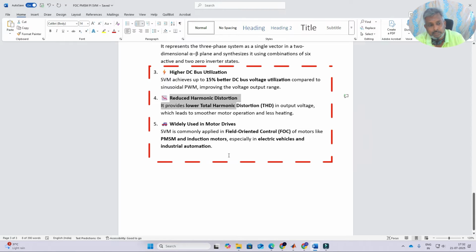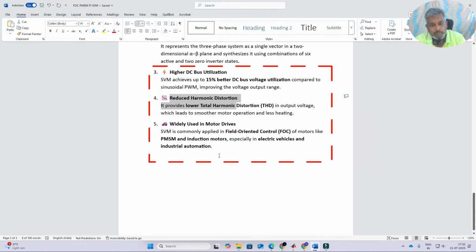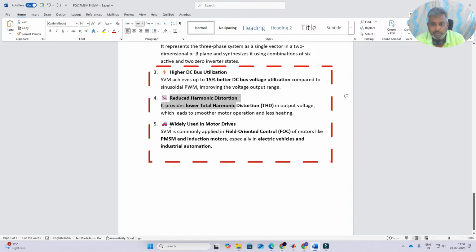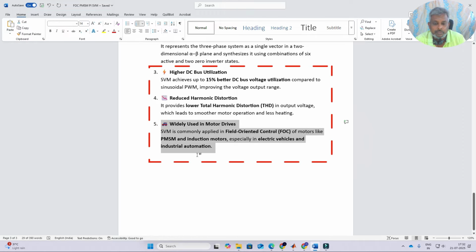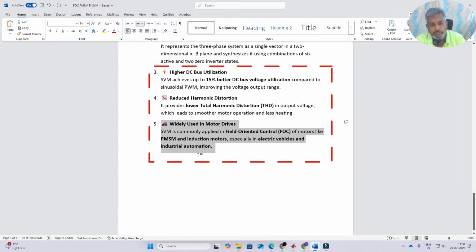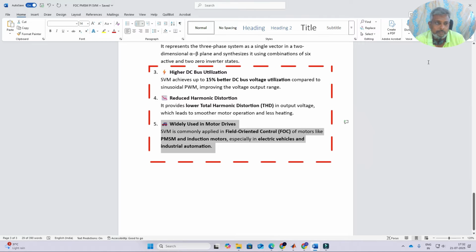Most industry applications adopt field oriented control along with space vector modulation, also in electric vehicles and industrial automation. That's why we go with FOC along with the PI controller plus space vector modulation.